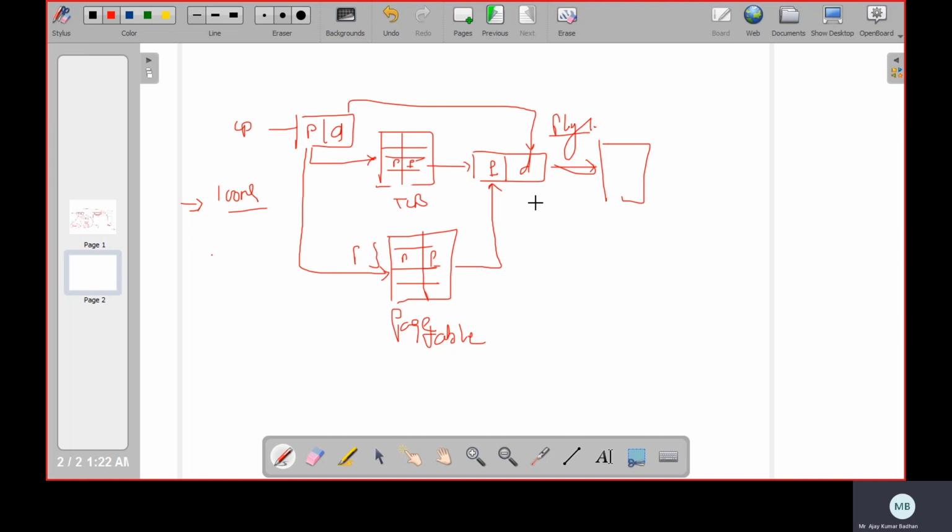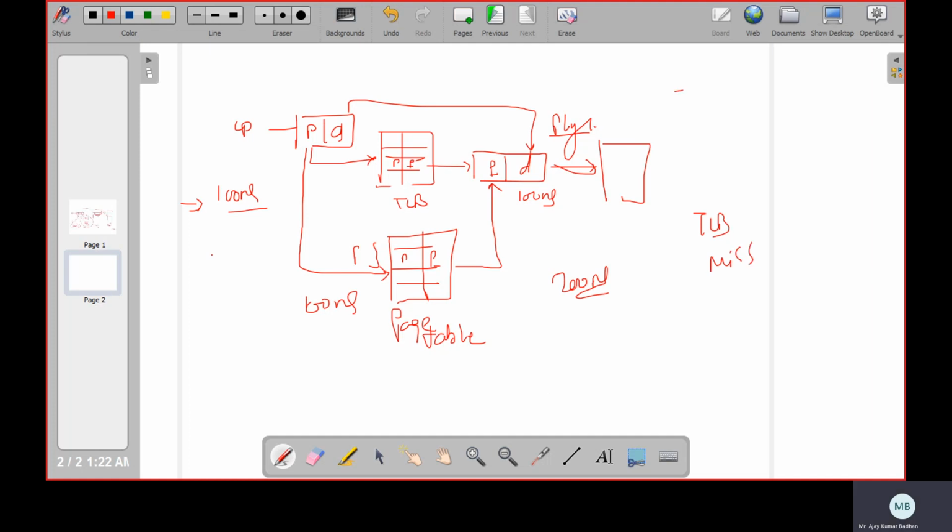Perform the displacement, whatever additions we need to do, and then we get the physical address. Now, how much time is it going to take? First of all, in order to search this table, it will take 100 nanoseconds. And after that, performing this operation will take another 100 nanoseconds. So a total of 200 nanoseconds it is going to take if there is a TLB miss.